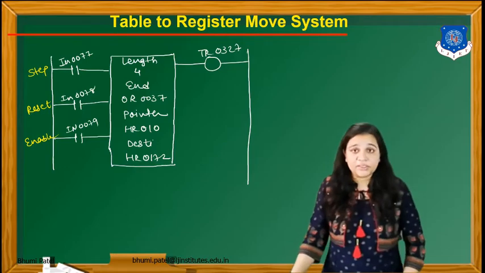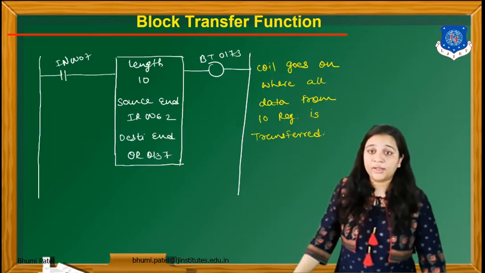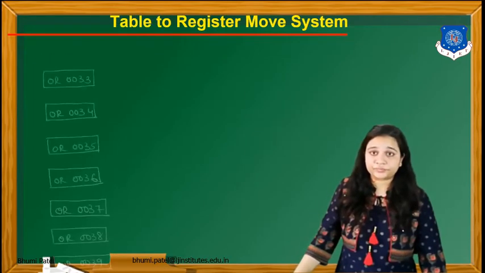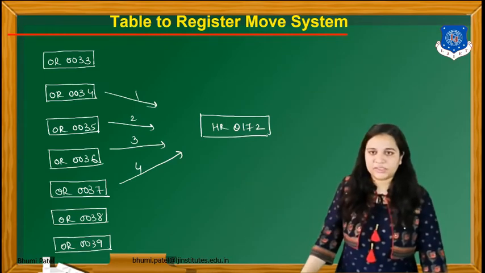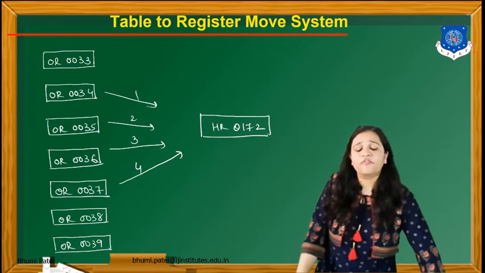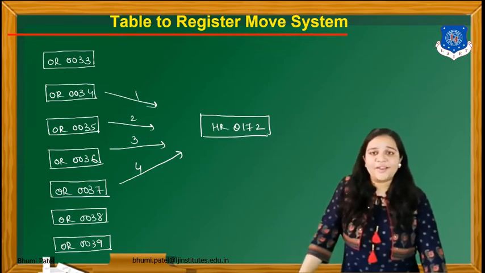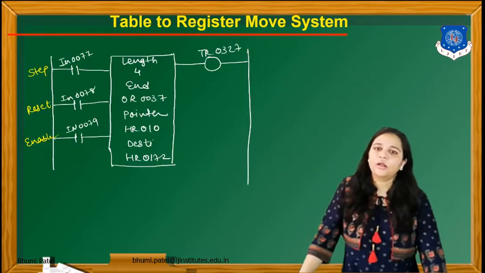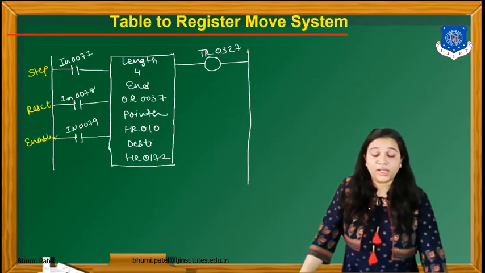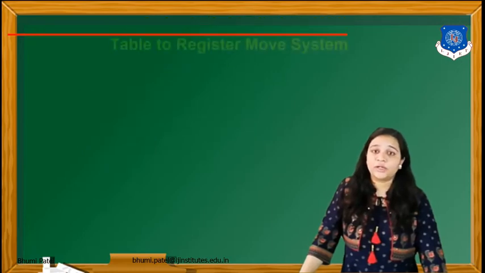That means we have to transfer these 4 data to this particular register. If we have to transfer 5 table entries to the register, you write length number 5. Then the end, the end of the table, that is OR0037.